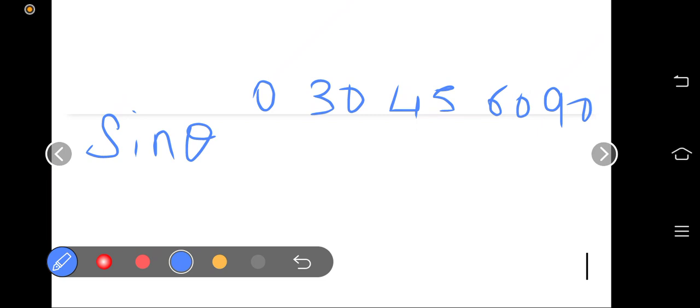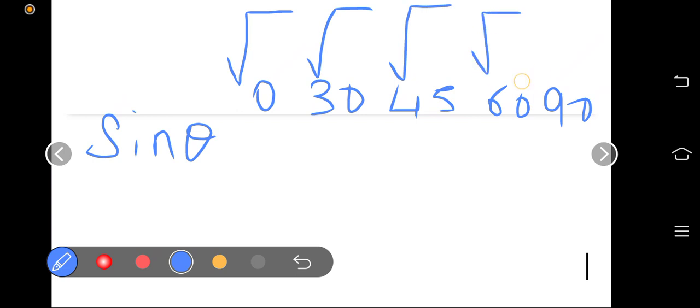Even if it is hard for you to remember the sin theta values, there is another trick: root over, for everything, root over.